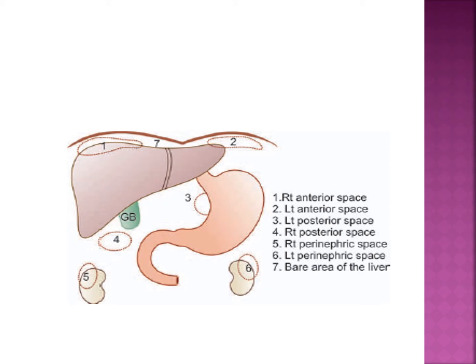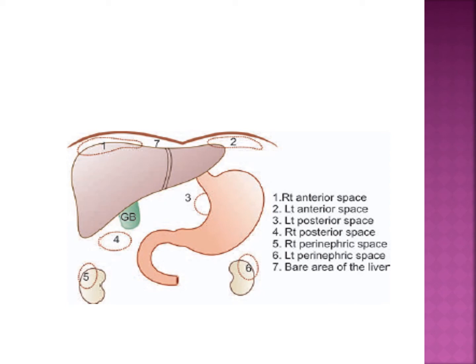Pus collection can occur here following any abdominal surgery, because it is the most dependent part in the recumbent position, and also after infection, inflammation, or perforation of the appendix, the gallbladder, or the kidney. All these can lead to accumulation of fluid in the Morrison pouch.